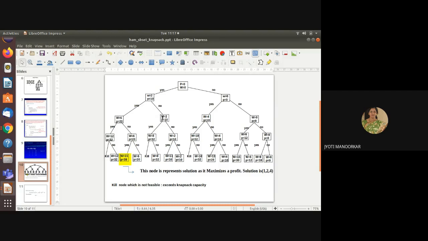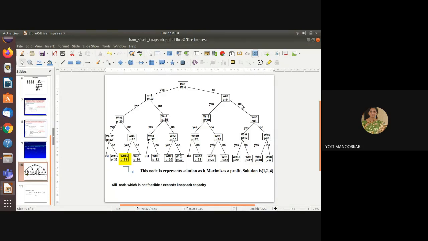The weight of the knapsack will remain as it was for the first level, after inclusion of the first element. So if the second element is not included, the weight remains as it is. W is equal to 2 and the profit is also the same, that is 10.